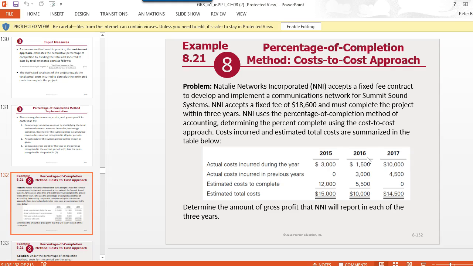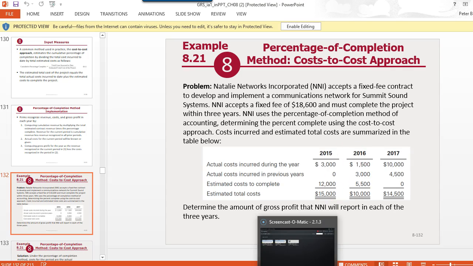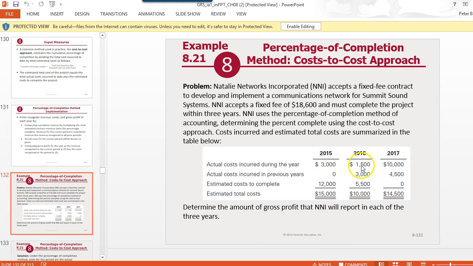So, in this problem, we have actual costs incurred during the year of $3,000, $1,500, and $10,000, respectively. Estimated cost to complete is $12,000, $5,500, and 0.